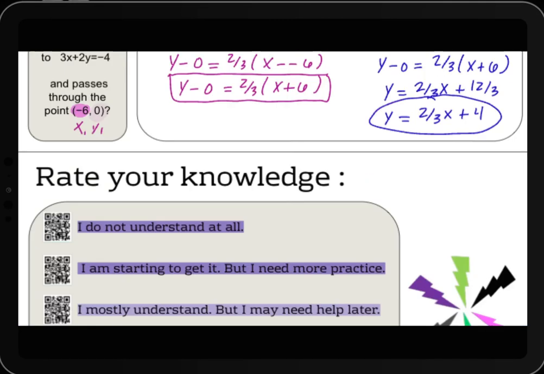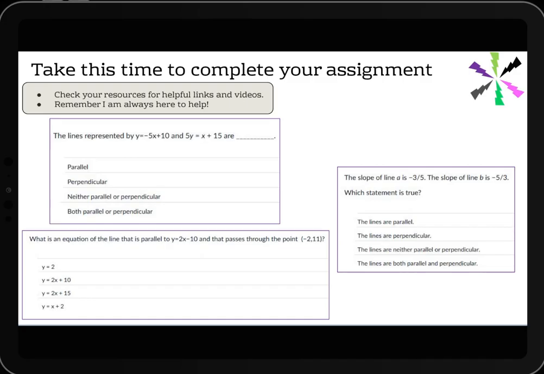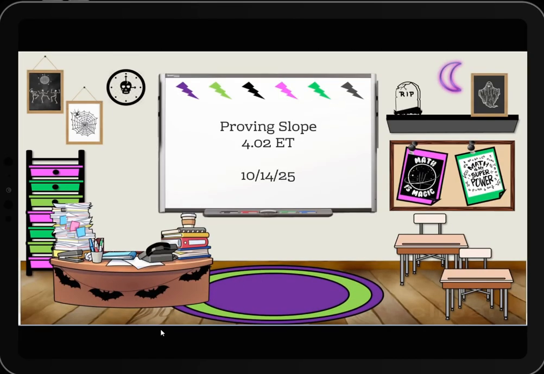And then for your final question, the slope of a line A is given and the slope of a line B is given, and we just want to know what's true about them. Okay, so in the previous examples we talked about cases where it's parallel or perpendicular or neither, so you're looking for whether they're the same, opposite reciprocals, or neither of those, as a tip. And that right there is going to represent lesson 4.02 for proving slope.